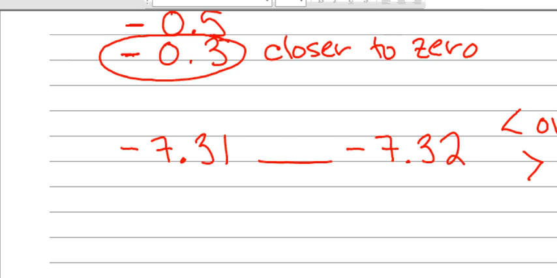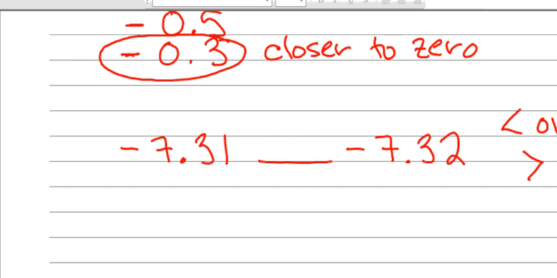So we have to think about who is closer to 0. Or if you want to take the negatives away, who is smaller?